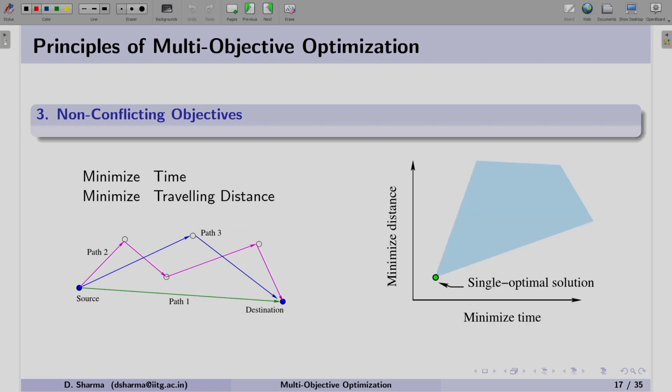We can see in the figure on the right-hand side that even if we take both objectives as our multi-objective problem, we will end up with one solution, which is called a single optimal solution. Therefore, our objectives should be conflicting in nature, otherwise we end up getting just one solution rather than multiple optimal solutions for the given problem.